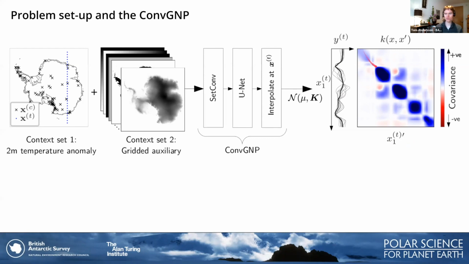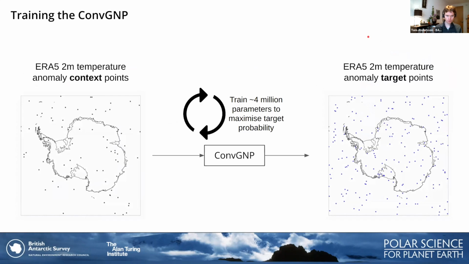And the reason it looks quite interesting with all this structure is because this line bisects several of these observations, which leads to very low uncertainty and also reduces the correlation between target points either side of those observations, which leads to this interesting checkerboard structure going on here. But that's essentially the ConvGMP at a very high level.